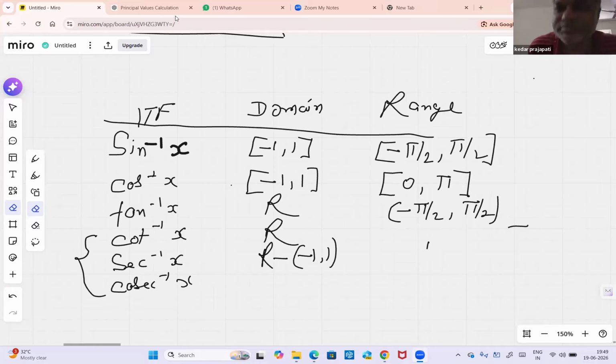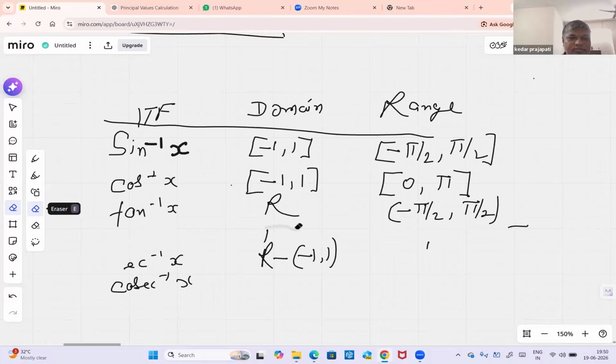Sorry, Dheeraj. Space, sir, is less. I have a question, sir. For cot inverse x, it's supposed to be an open interval 0 to pi, right? Yeah, so cot inverse x will be different. Let me write it in different places so that you will not get confused.